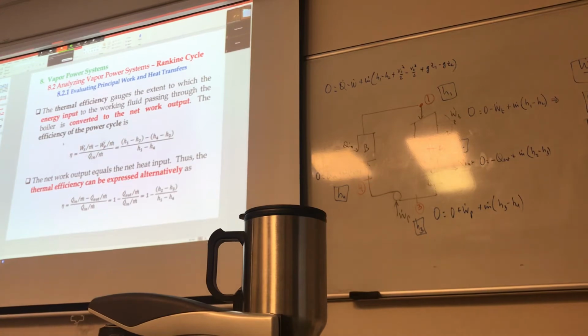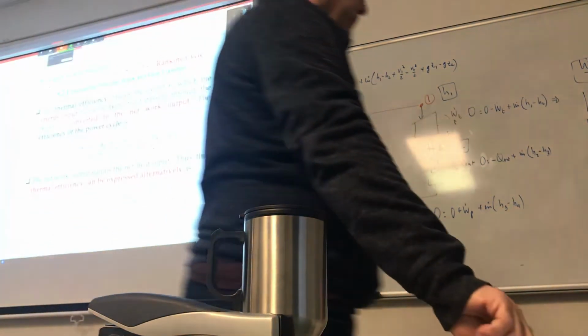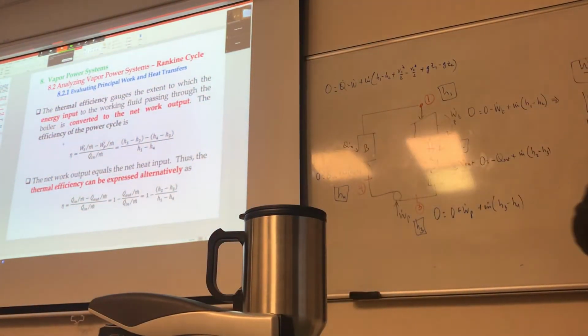Remember, for cycles, remember the first law, delta E equals Q minus W. What is delta E of a cycle? 0. 0, because you're coming back to the same point.